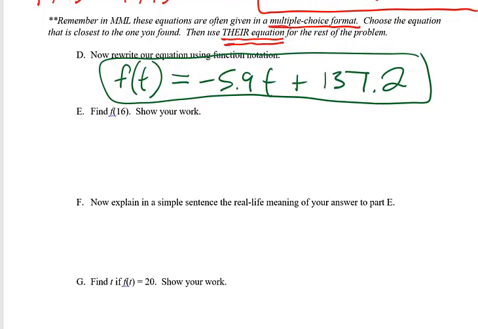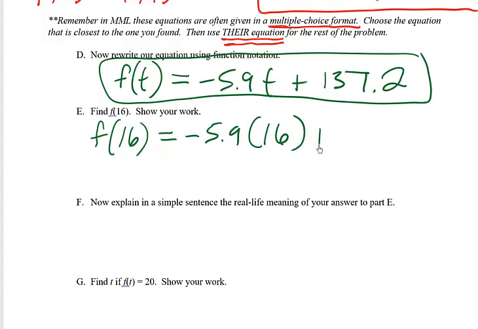So part E is a math question. Find f of 16. Let's find it, remind ourselves how to do it, and then in part F, we'll try to connect it to some real life meaning associated with the post office problem. Okay, f of 16, we know that the number in the parentheses is what's going into the function. And in this function, t's are going in. So that 16 is a t. f of 16 means replace all the t's with 16.